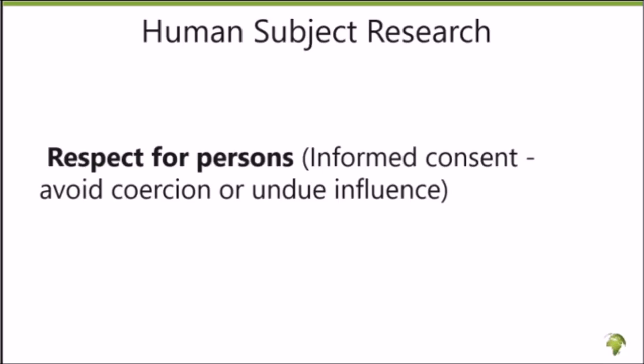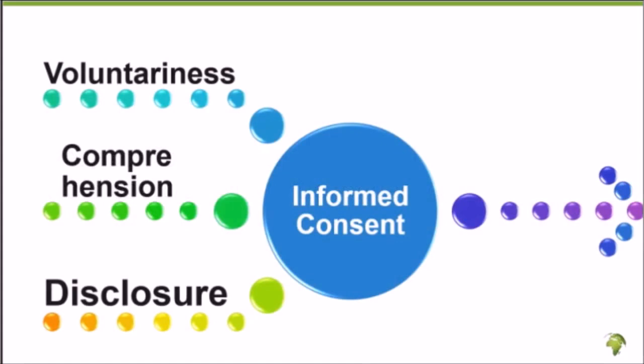So let's talk about informed consent. Informed consent actually involves three things. The first one is what we call voluntariness. The participants should voluntarily decide on whether or not to participate in the project, so that they are not coerced or anything. Then comprehension deals with the fact that individuals must have the mental capacity to understand what the project is about and decide on whether to participate or not.